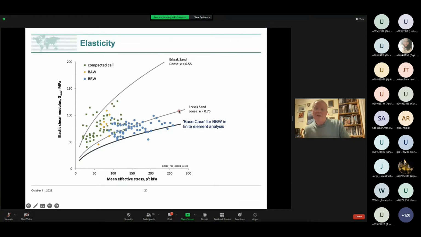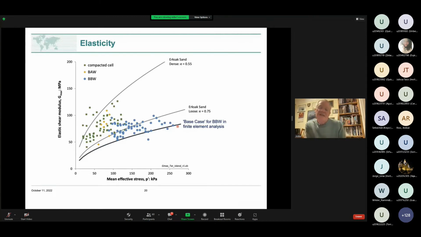I've thrown on a couple of guidelines for a standard quartz sand, which is dense or loose. And you can see it's behaving much as you would expect. For the analysis I'm going to show you, our base case, we put this heavy line as what we took as our Gmax versus confining stress idealization.